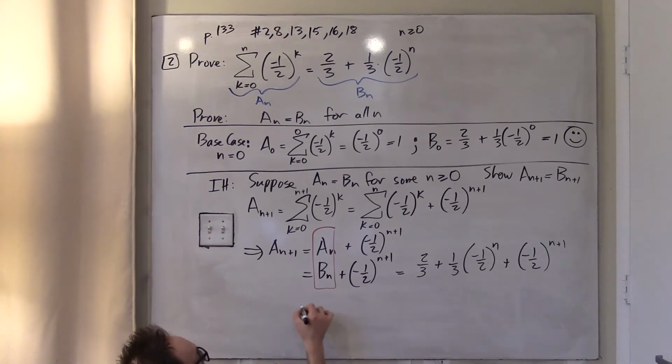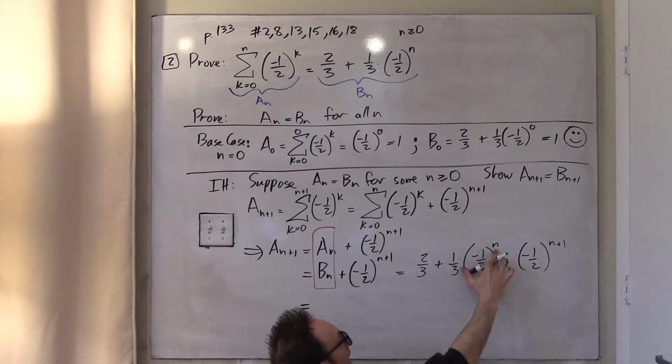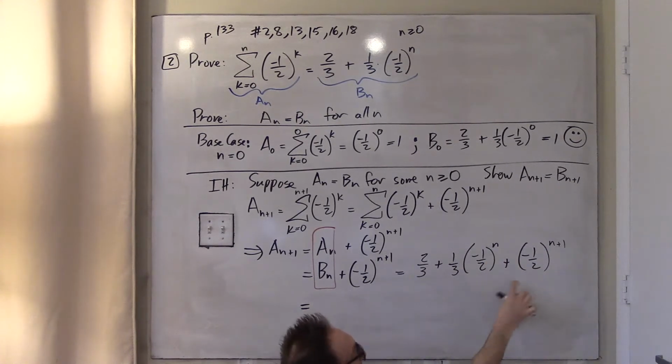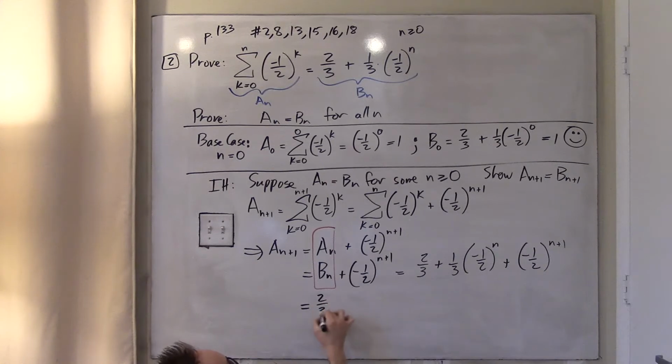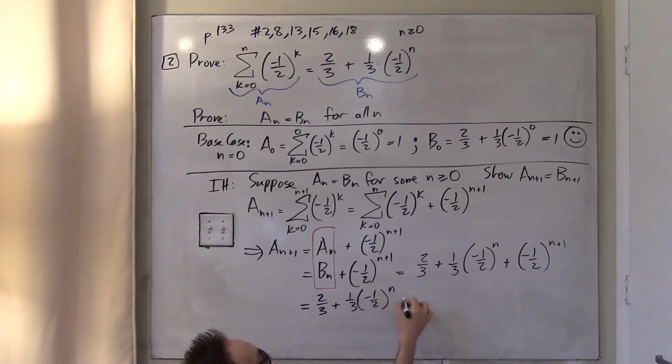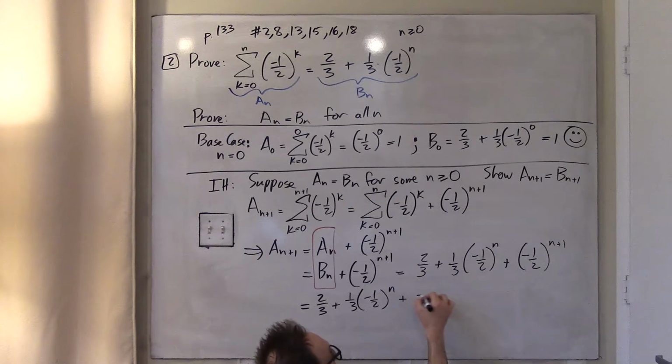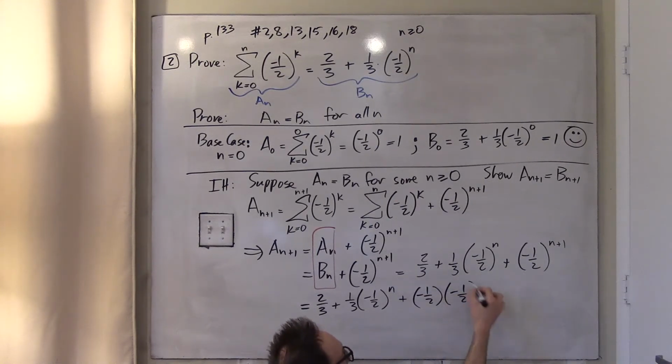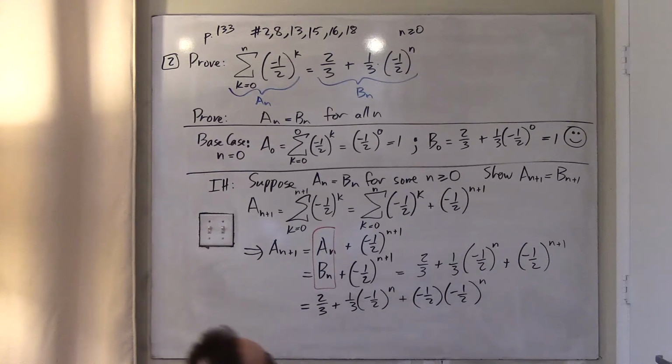Well, let's just simplify it and maybe it will all just come out. Here I want to combine these two. So I'm going to say that this is 2/3 plus 1/3 negative 1/2 to the n plus, well, what does it mean to raise negative 1/2 to the n plus 1? It's just a negative 1/2 and then the rest of the negative 1/2s.